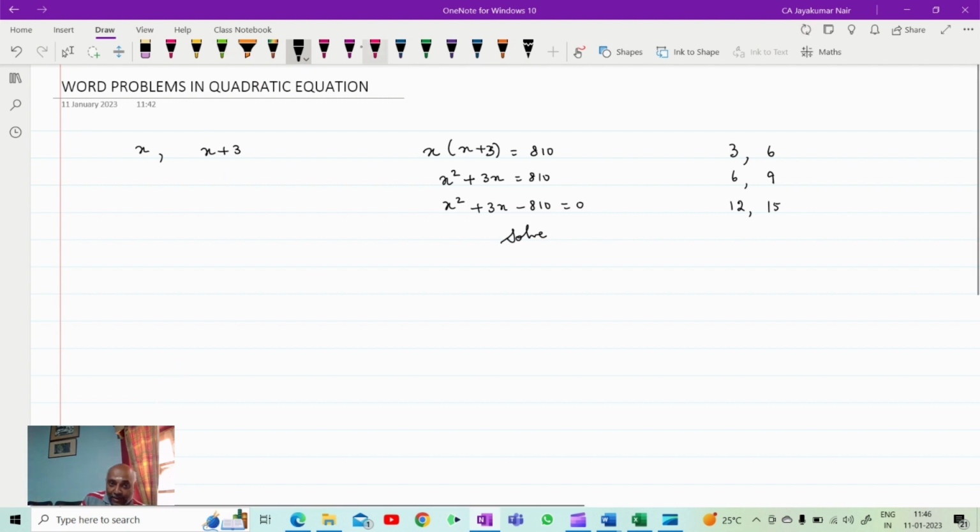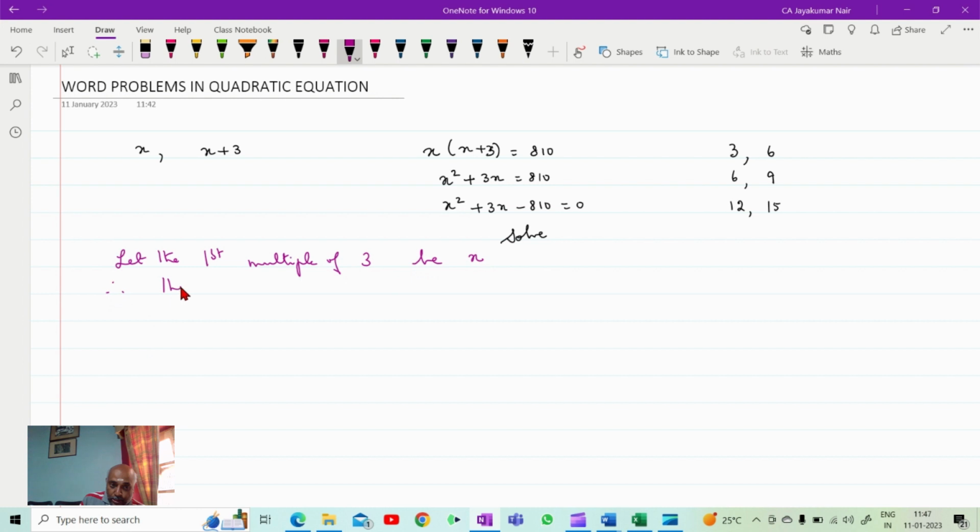So, how do we write this? To make you understand, I've explained it this way. First, how do you write? Let the first multiple of 3 be x.